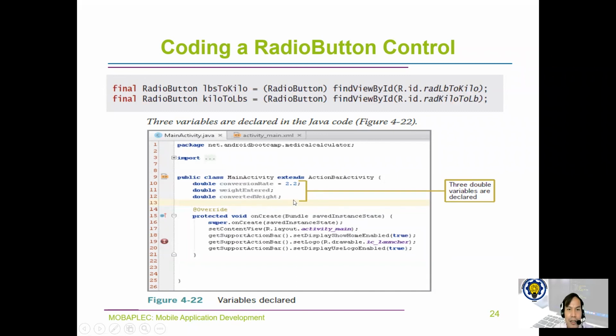That will also be fine with the coding since it is the same data type. But take note, if the data type is int or a different data type, you cannot use the comma because they're different data types. But if same data type, then you could use double weight entered, comma, converted weight, then semicolon. That will be okay.